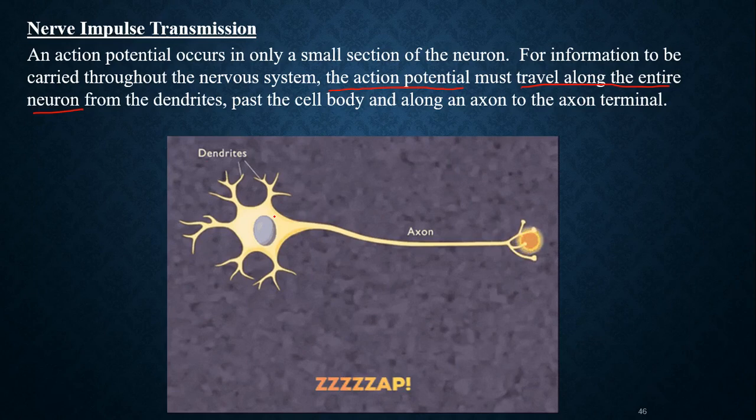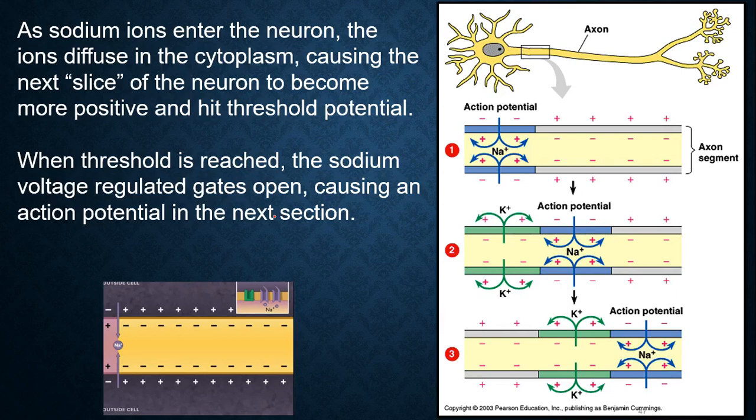How does this action potential travel? We understand how an action potential happens in a small slice of the neuron, but how does it actually travel? Remember, when an action potential is occurring, we've hit threshold, the sodium channels open, and sodium rushes in.